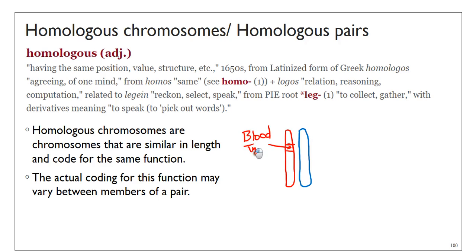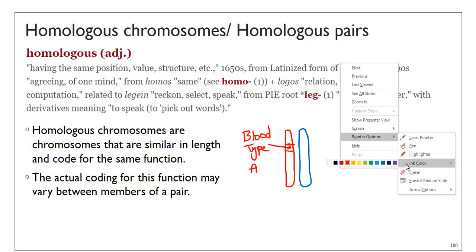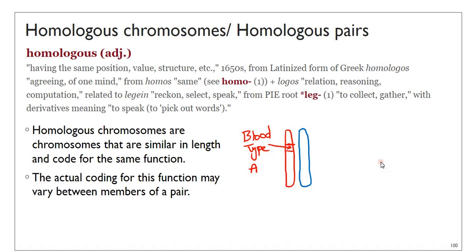In your mom's chromosome, the blood type coding is A. So the function given from this chromosome is the blood type, and according to this chromosome, the blood type is A. But if you look at your father's chromosome, it has a section that codes for the same function, which is blood type. But let's say in this case, it says blood type B. So one of the chromosomes in the pair codes for blood type A, the other codes for blood type B, but they both have the same function, which is coding for blood type.